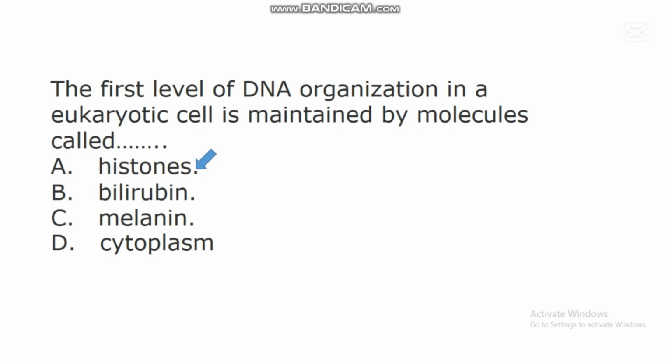So the first level of DNA organization in every eukaryotic cell is maintained by these molecules called histones, in the sense that they play a great role in packaging DNA in a cell nucleus.